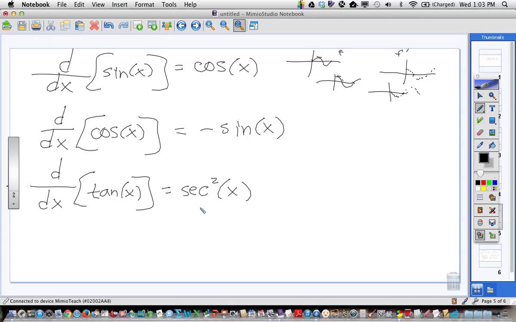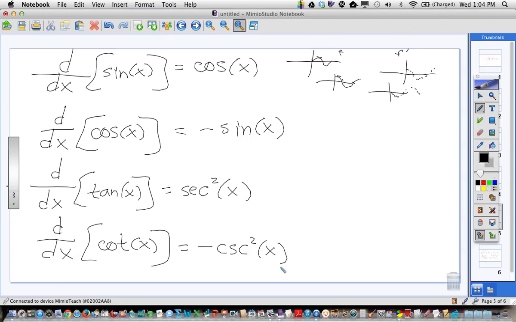It's a whole bunch of those. The tangent graph always has positive slopes, so it makes sense that its derivative would be a square. And then cotangent, we kind of pair these together. It makes them easier to memorize. The derivative of cotangent is negative cosecant squared. So if you can memorize tangent, it's pretty easy to memorize cotangent.